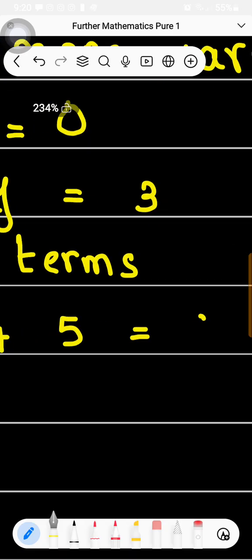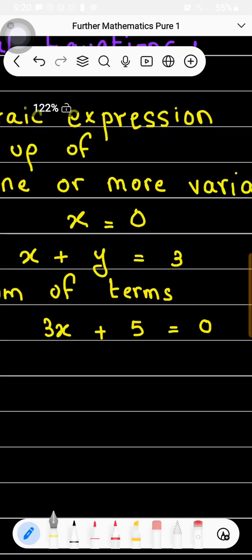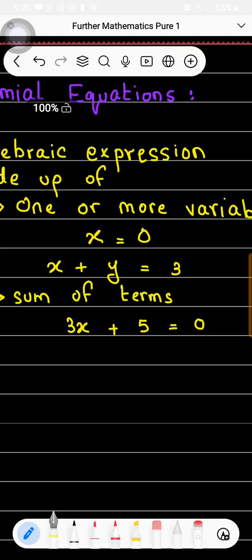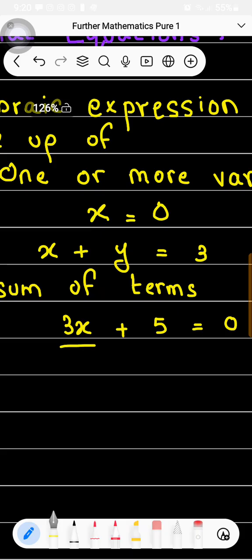Now we will consider both of the conditions. First of all, we will check, are there one or more variables? Yes, there is one variable, so it satisfies the first condition. Then the second condition is sum of terms. If you notice, there is a sum of terms. The first term is 3x, the second term is 5. They both are getting added and then equal to 0. So this is a polynomial equation.